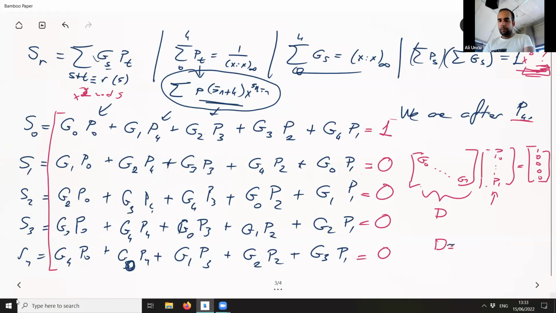So D is the matrix of G of H minus J, and it is 0 and 0 at first. Then it is J comma H, right? So then it's like 1 minus 0, 2 minus 0, 3 minus 0, 0 minus 1, 2, 3, 4.